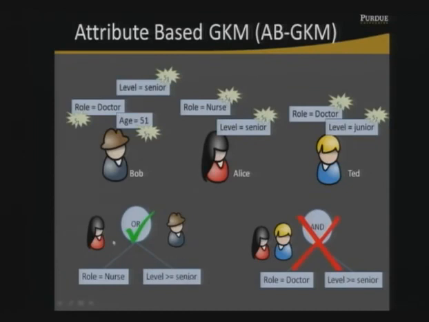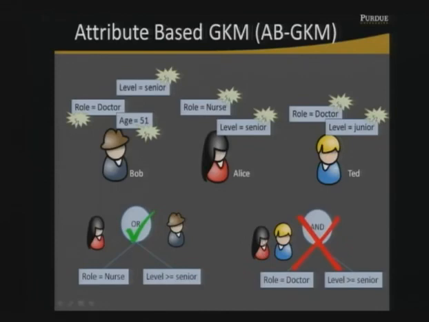So this policy is satisfied by Bob and Alice. But if you look at this other policy, it says the role should be doctor and the level should be senior. So if you look at these attributes, only Bob satisfies this one, right?